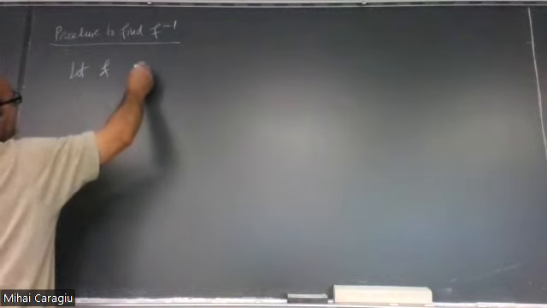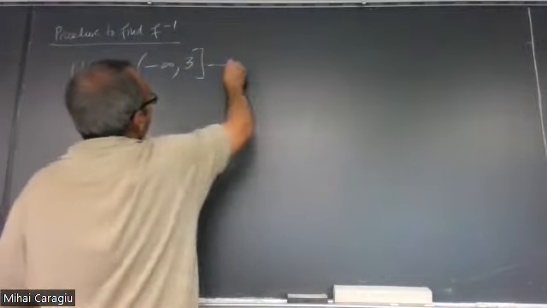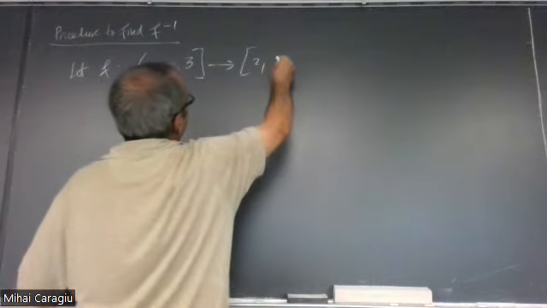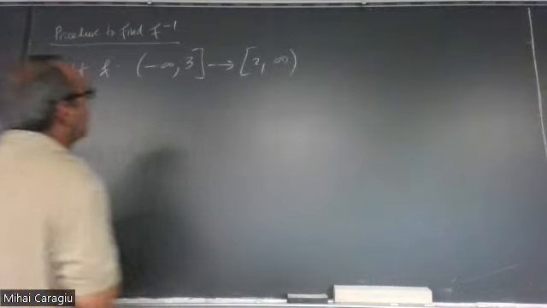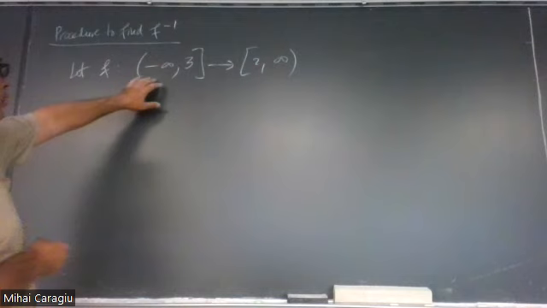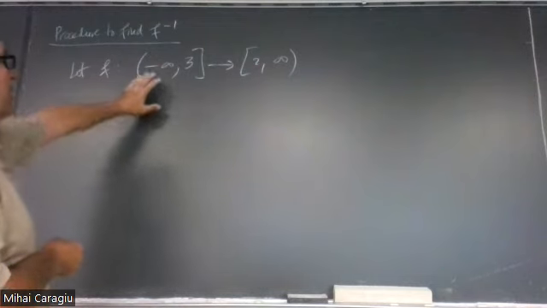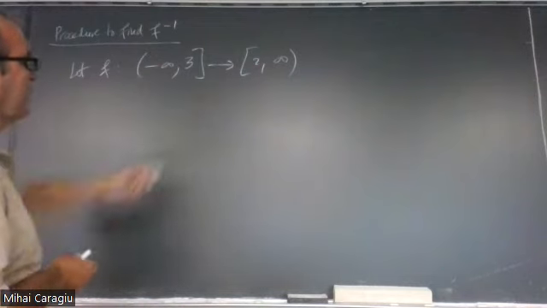Let f be a function from minus infinity to 3 with values in 2 to infinity. So this is the domain, this is the codomain. The domain is minus infinity to 3, the interval with 3 included.